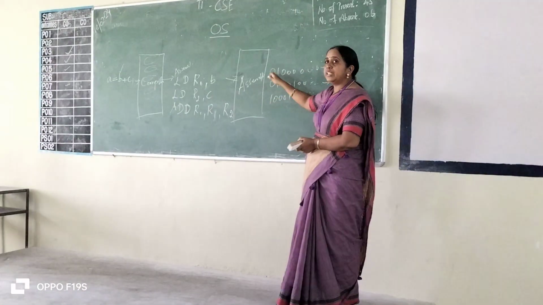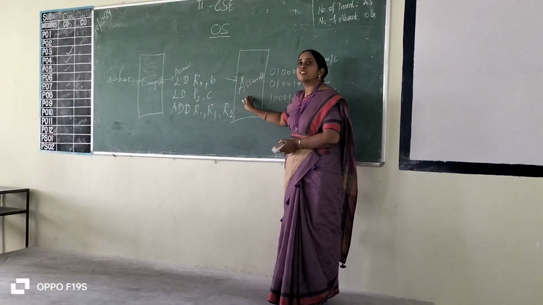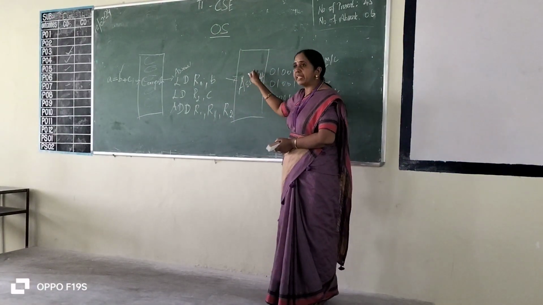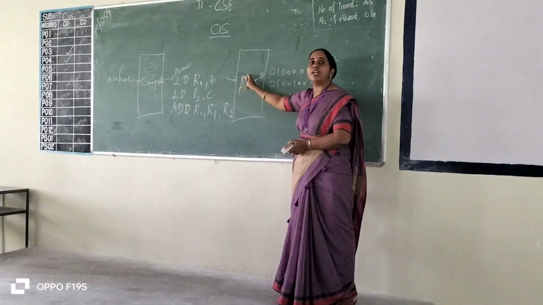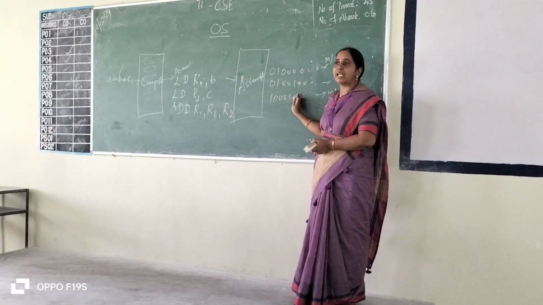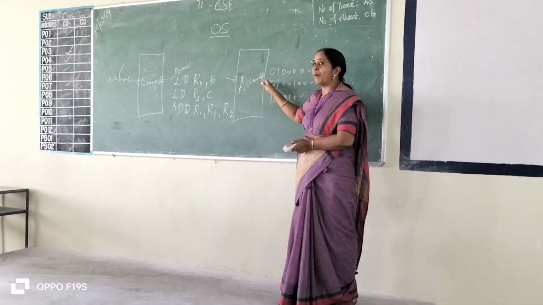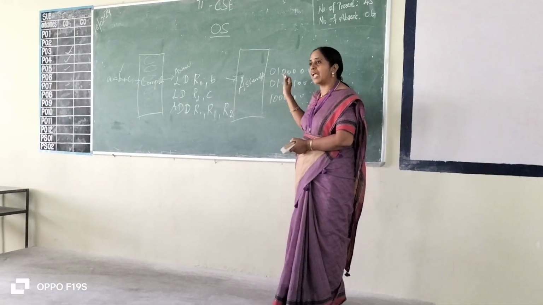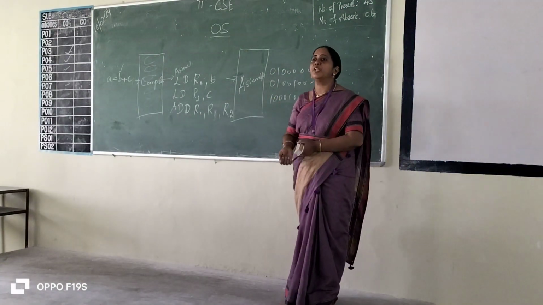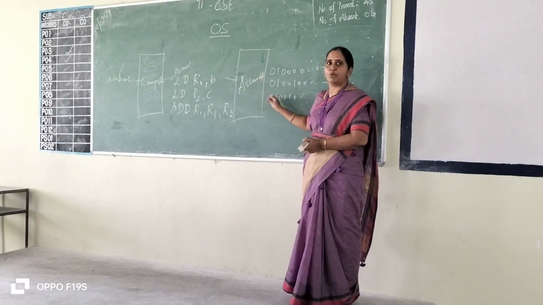So this may be the machine-level code for the add instruction. This assembler itself has many subclasses to convert this assembly-level code into machine-level code. Those topics are covered in a subject called system software. But that subject is not available in your autonomous syllabus, so no need to worry about that.